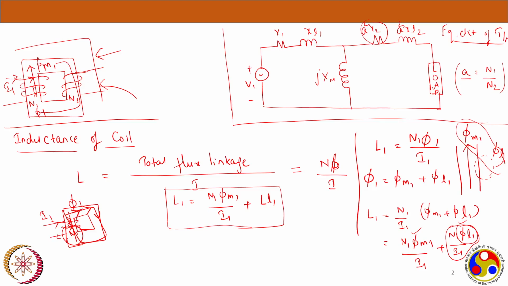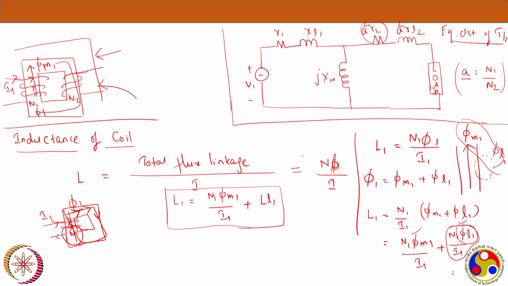But the newly added coil and the main flux are not related. The main flux, phi m1, is caused by the current flowing in the primary coil, but it is now linking with the secondary coil, which is nowhere related to it. That's why it's not a self-induced flux, but a mutually induced linkage. So now the term mutual inductance is introduced.